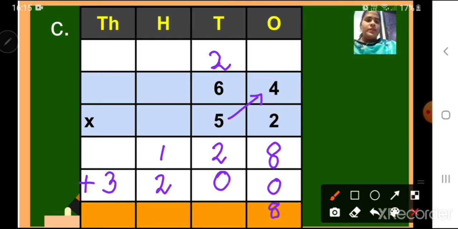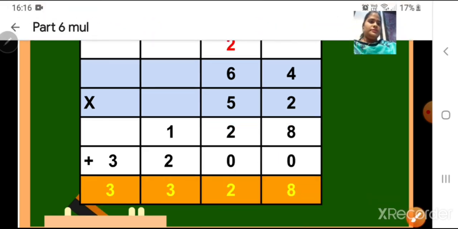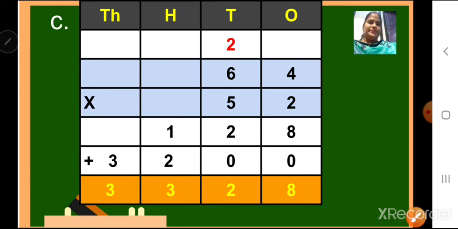Then 2 plus 0 is 2. 1 plus 2 is 3. And number 3 at thousands place. So our answer is 3328. Got it, children? Please note it down in your textbook.